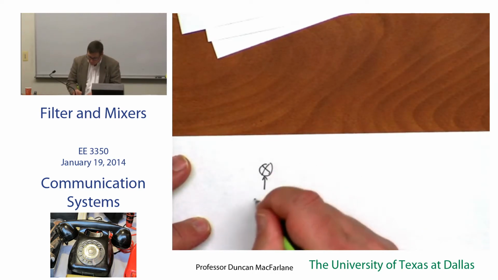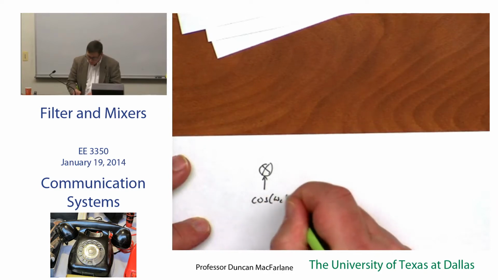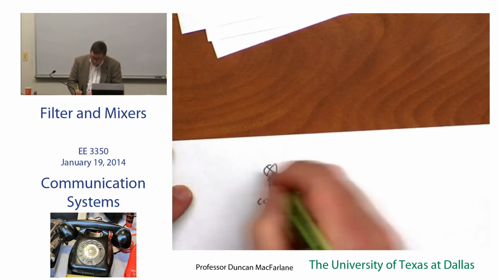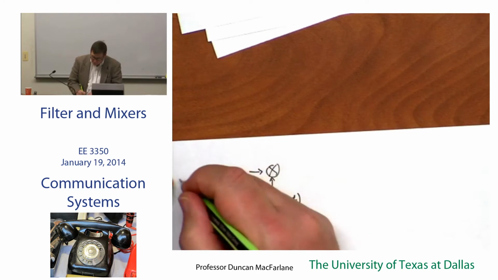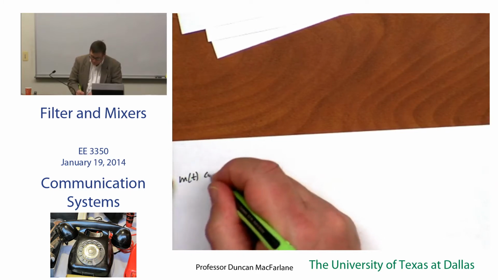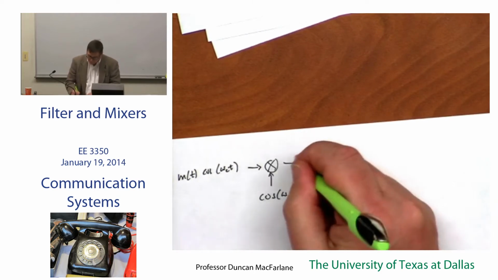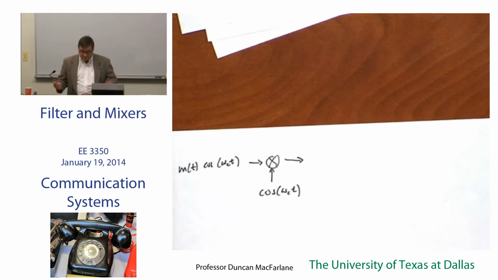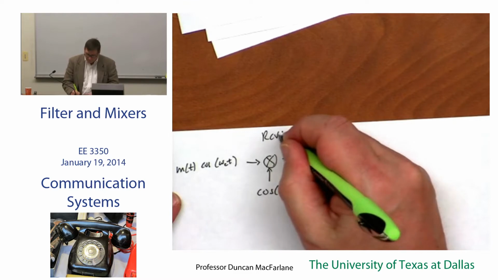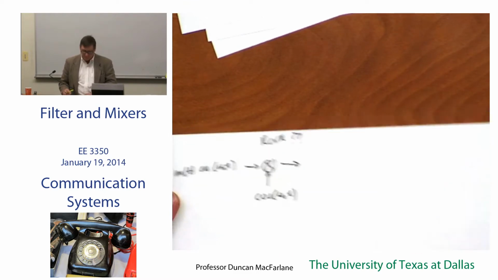Let's just see what happens if I do my cosine omega ct local oscillator again, and the input of this is m of t cosine of omega ct here. Okay? Receiver, question mark.